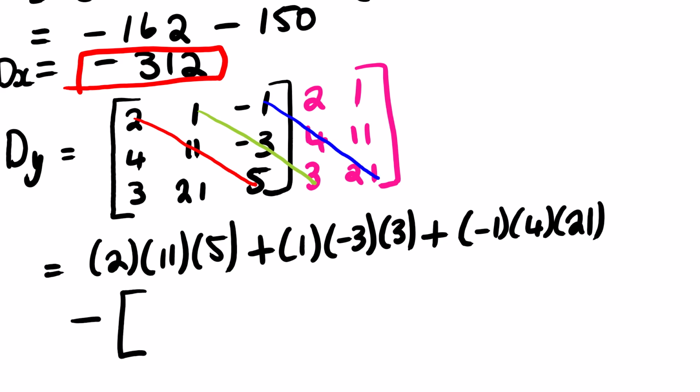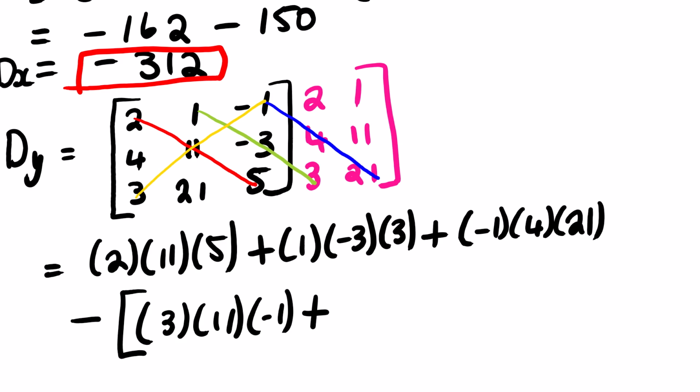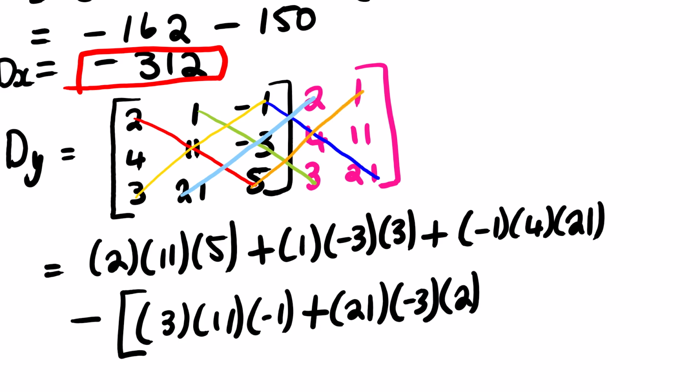Minus, we have this, which is 3, 11 and negative 1, plus we have this, 21, negative 3, 2, then the last one is this one. We have 5, 4 and 1.